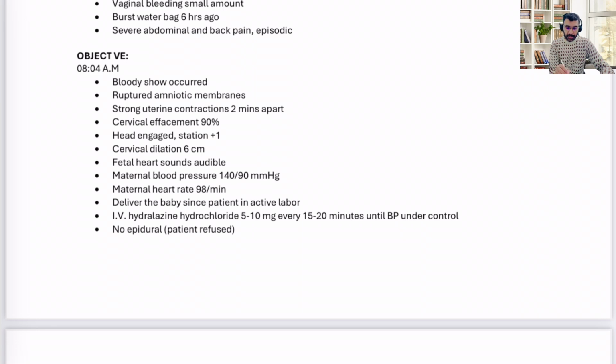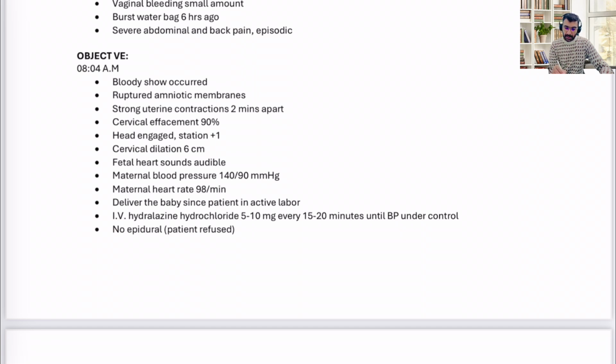Then objective: bloody show occurred, ruptured amniotic membranes, strong uterine contractions 2 minutes apart, cervical effacement 90%, head engaged, station +1, cervical dilatation 6 cm, fetal heart sound audible, maternal blood pressure 140/90, heart rate 98.